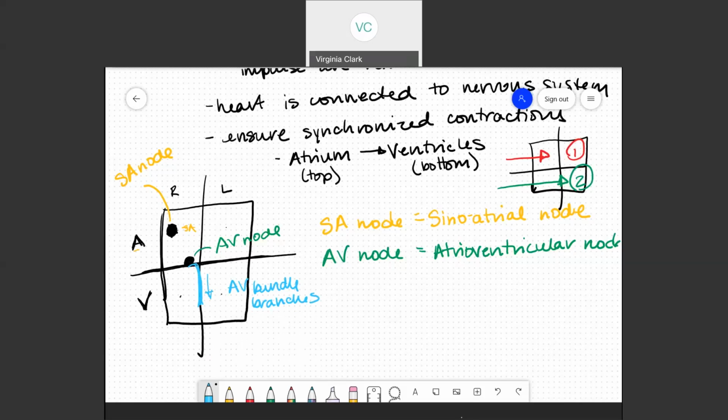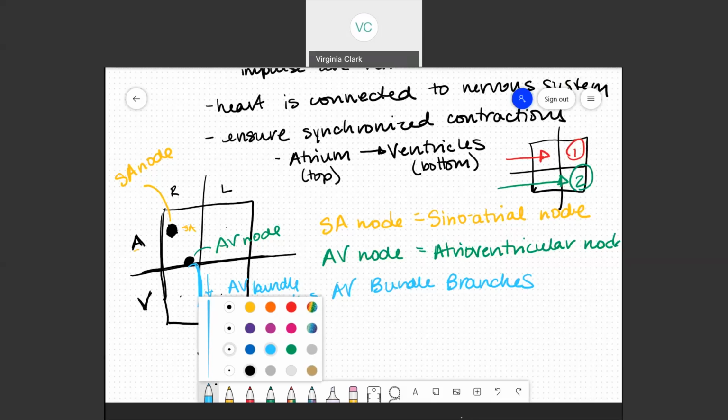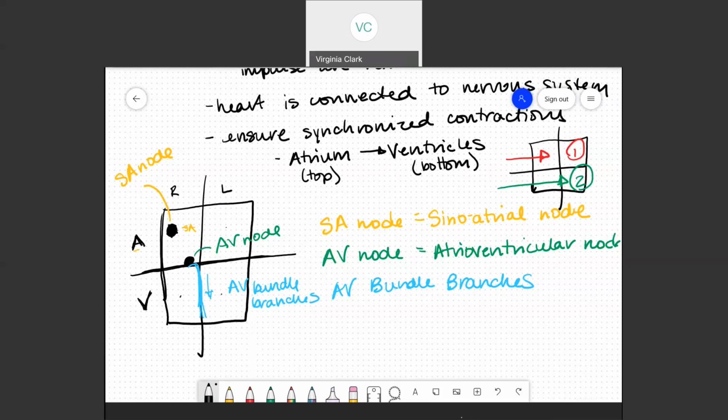So not only do you have your SA node and your AV node, you're going to have your AV bundle branches. This is going to be a pathway, essentially. It's a branch. And these bundle branches will go all the way down that intraventricular septum, all the way down that line, separating the ventricles. So it's traveling all the way down that.